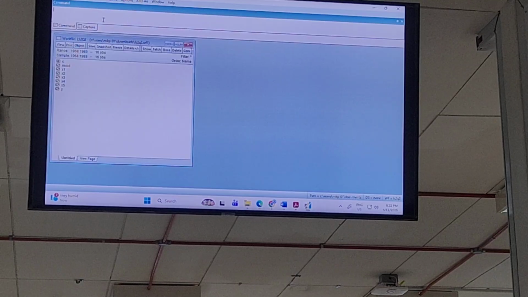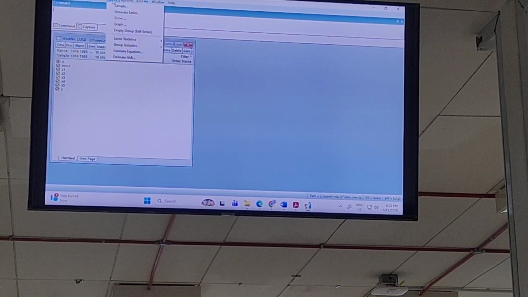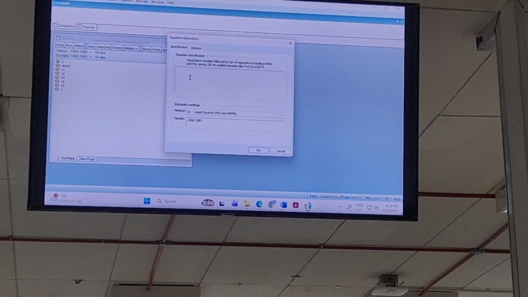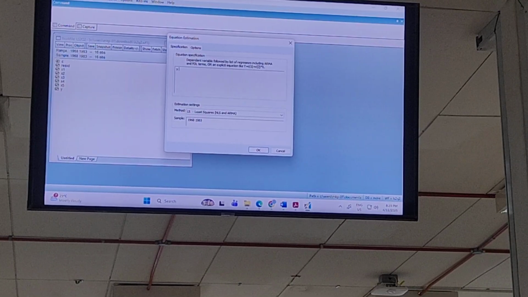Okay, estimate the model, same as before. Go to Quick, Estimate Equation, and then just put y space c space x1, x2, x3, x4, x5. The y here is based on what you named it, not on a generic name.